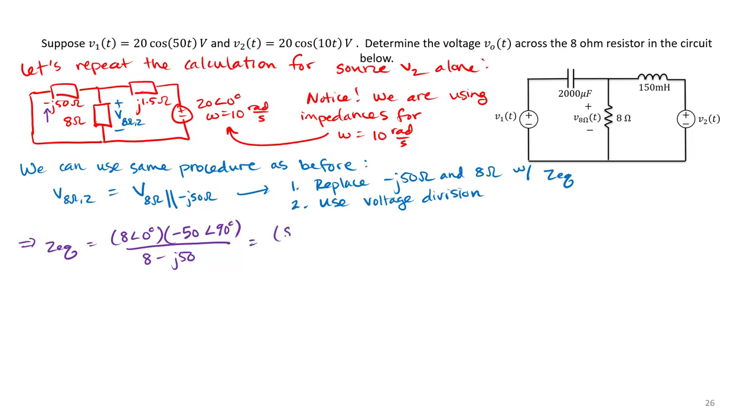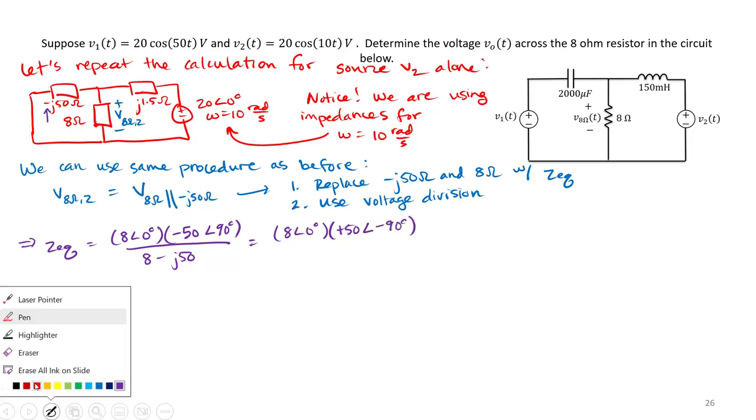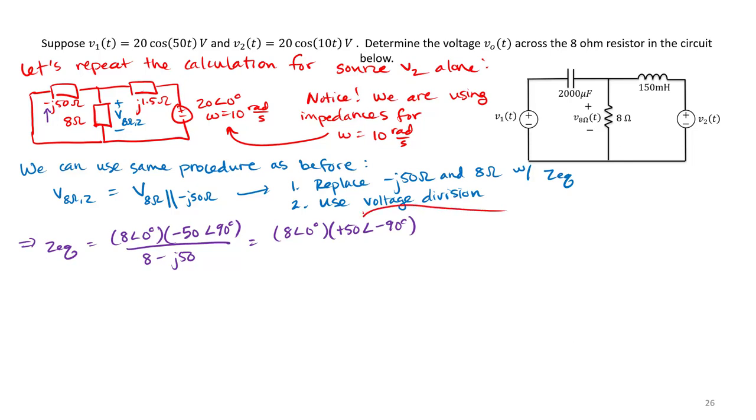This gives us 8 angle 0 degrees times that negative 50 angle 90. I'm just going to proactively replace it with positive 50 angle negative 90. This is just to get rid of the negative sign.